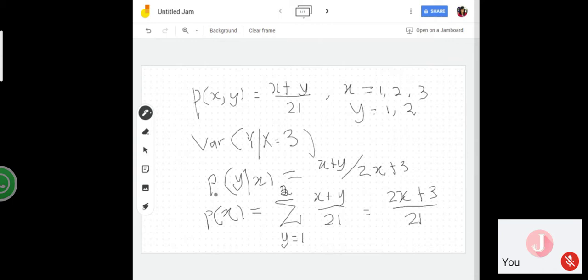So it doesn't matter, kamu faham lah discrete. So ini Py given X, which is x plus y over 2x plus 3. So now you can find expected value of Y given X and expected value of Y square given X. So find these two values.